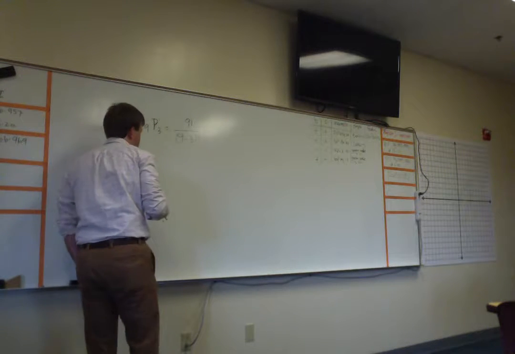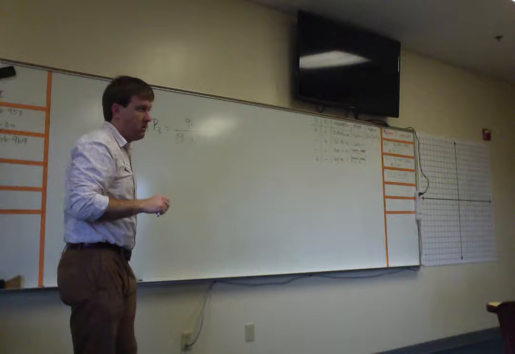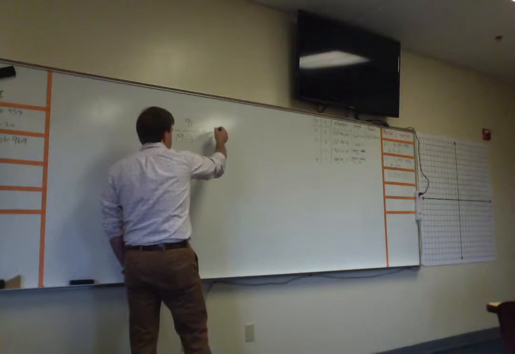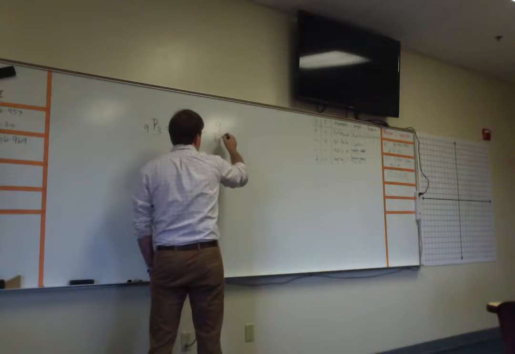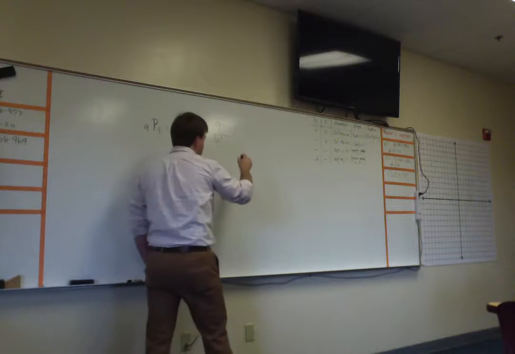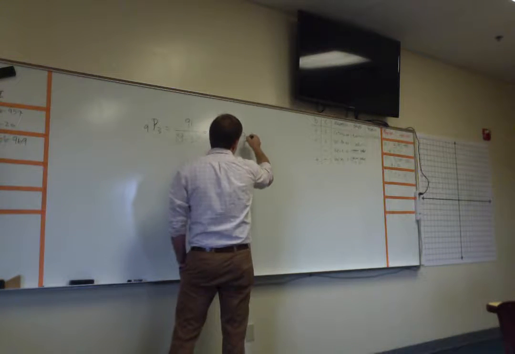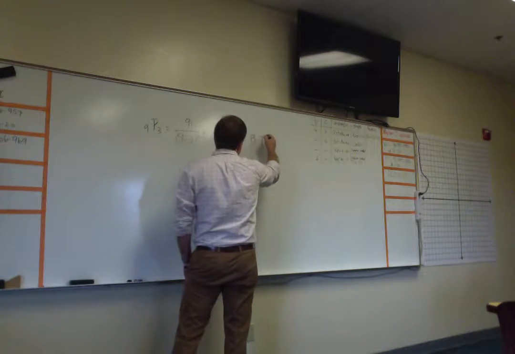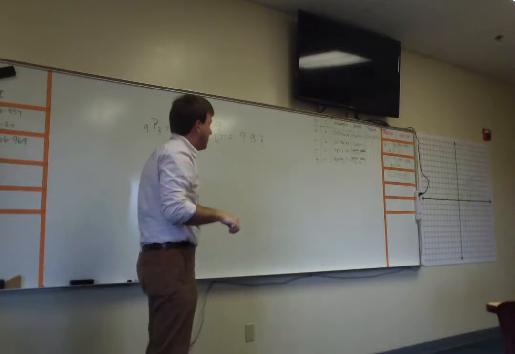Okay? So that equals 9 factorial over 6 factorial, which equals 9 times 8 times 7. Okay?